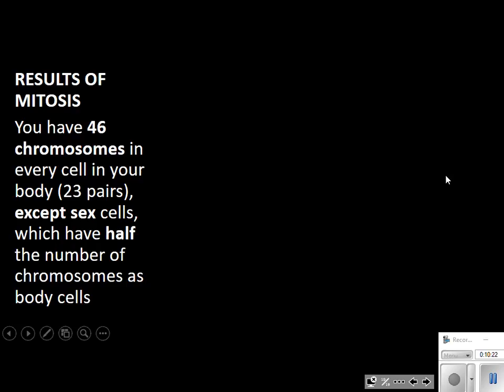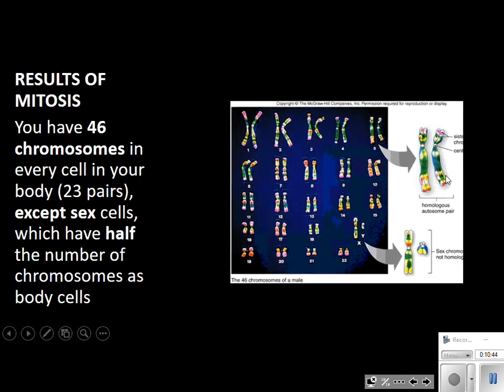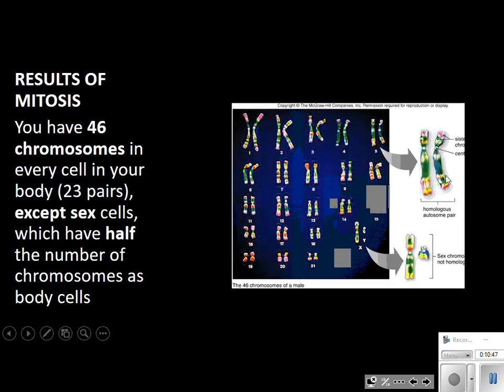So that's why those sex cells only have 23, due to the combination, and gives us a little bit of genetic variability. Now, body cells. All other body cells have 46 chromosomes.